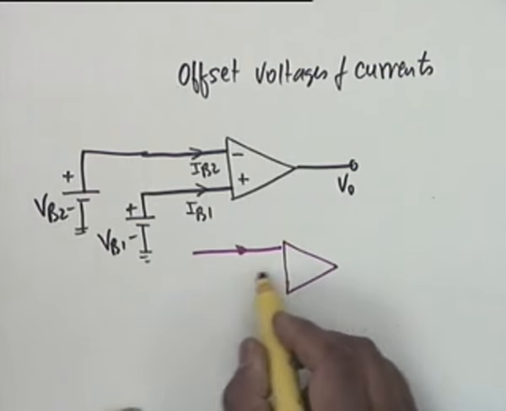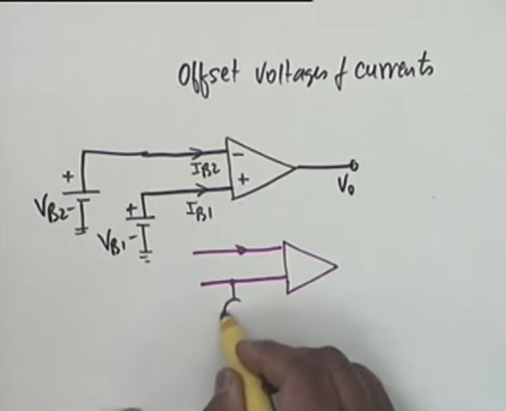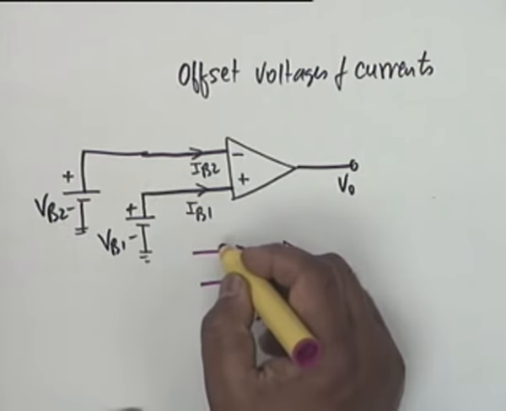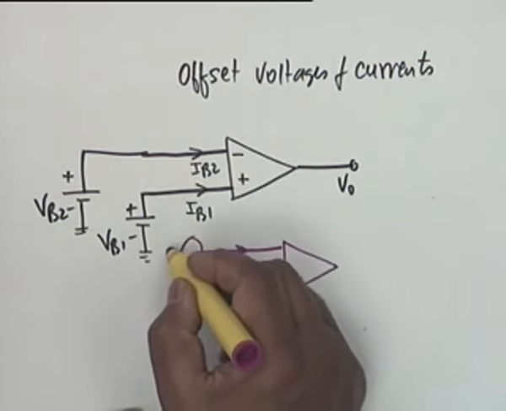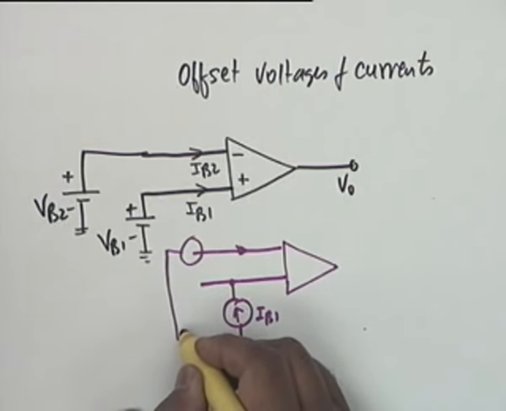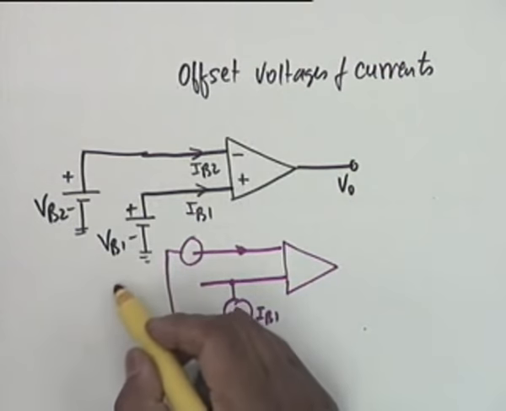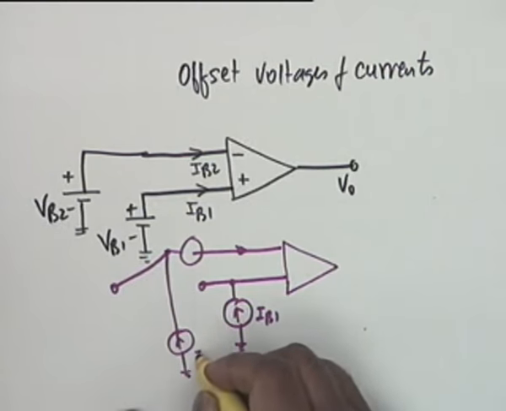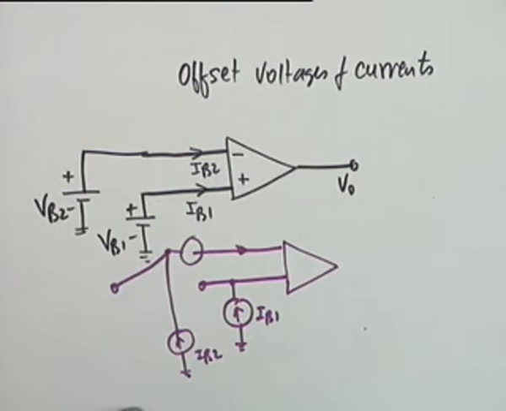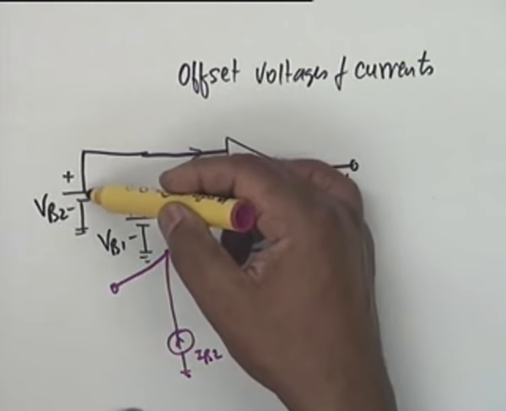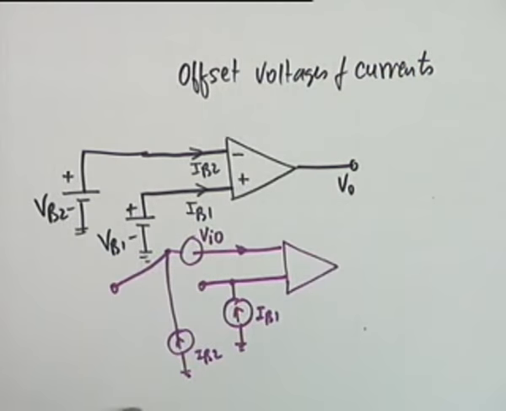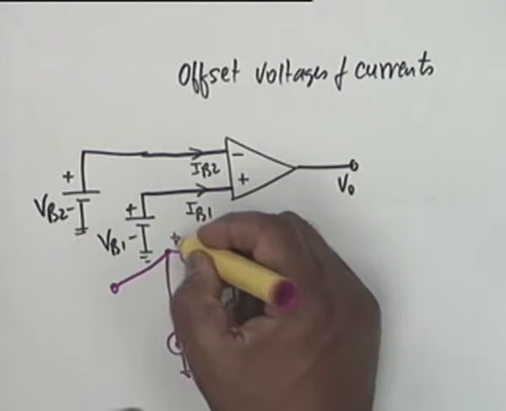What we do is, we assume that there is a current source IB1 here, and that there is a current source IB2 here, and the difference between the two voltages VB2 and VB1 we model by a single voltage source. We call it VI offset, which is the difference between the two voltages with this polarity.